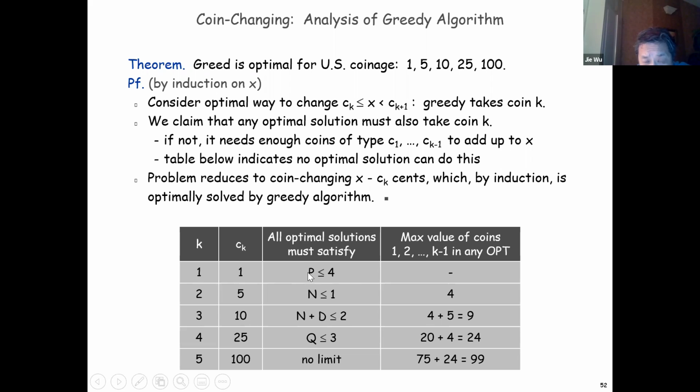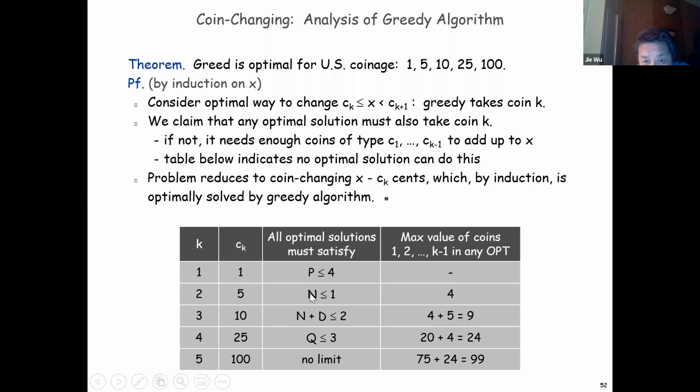You cannot use more than 4 pennies. Why is that? Because if you use 5 pennies, you can replace them by 1 nickel, right? So the maximum value you can represent just by pennies is only 4. You see that now? That's why 4 can never replace 5.